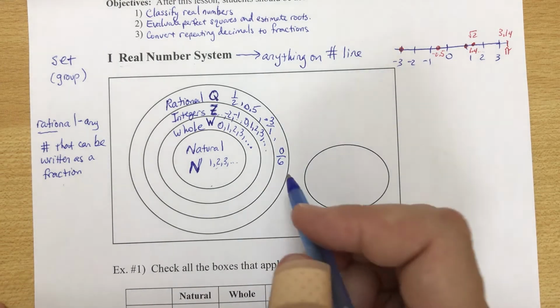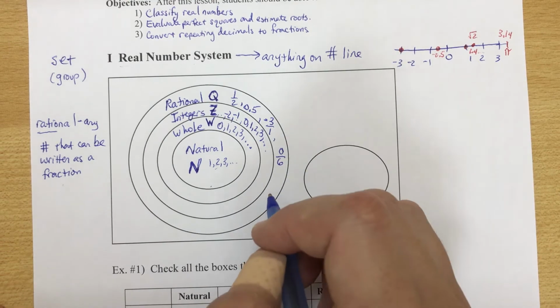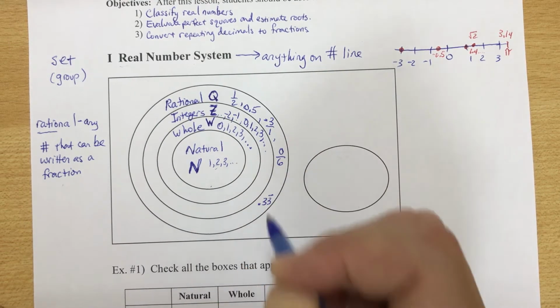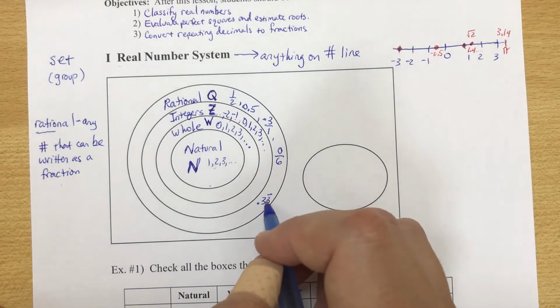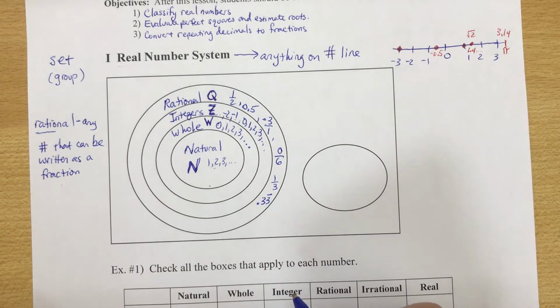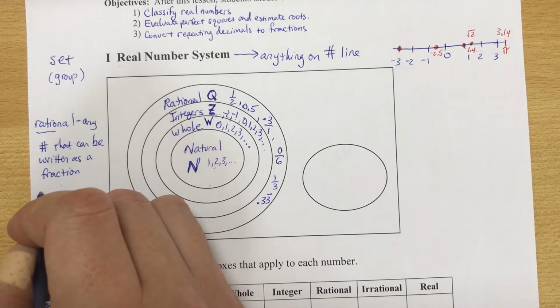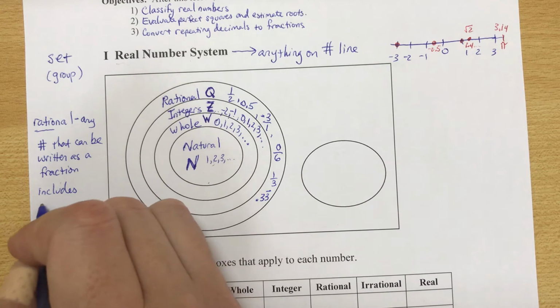So basically, these are all rational numbers, and also if you have a repeating decimal, like 0.33333, and the bar here means it repeats, that can be written as 1/3. So rational, anything that can be written as a fraction, and that includes repeating decimals.